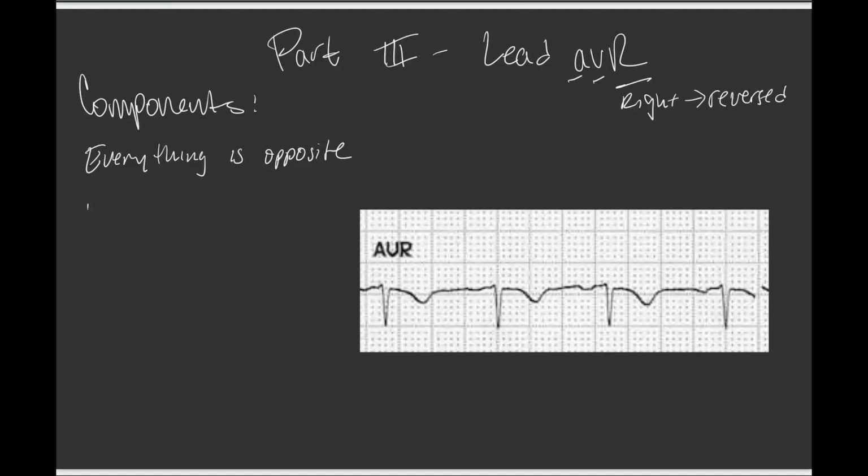And that's because the P wave is negative. You typically have a QS complex, which is a negative deflection. And that T wave is inverted. So that means inverted T. If you do have an R wave, it's small.